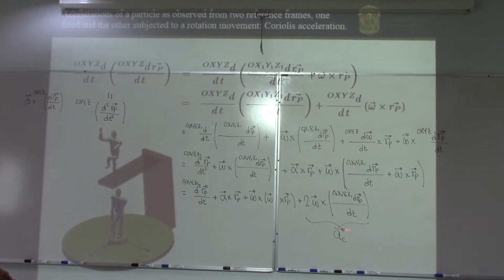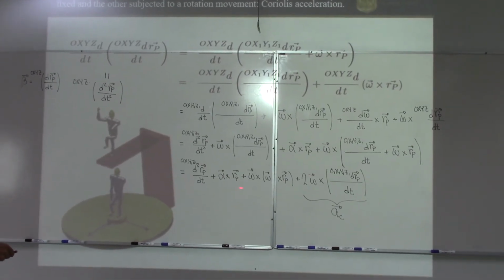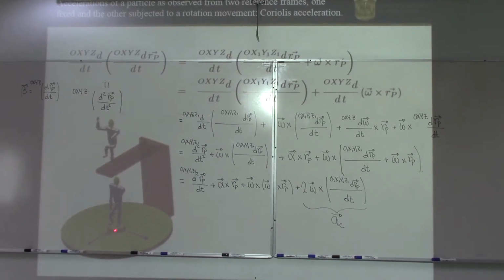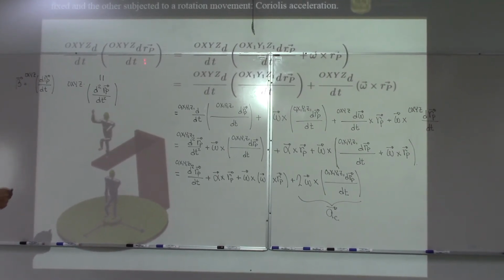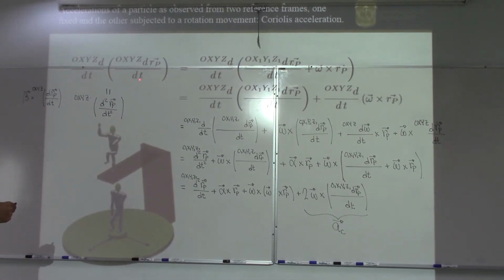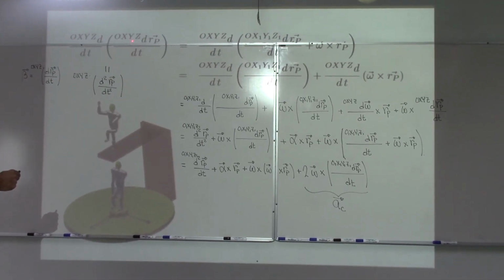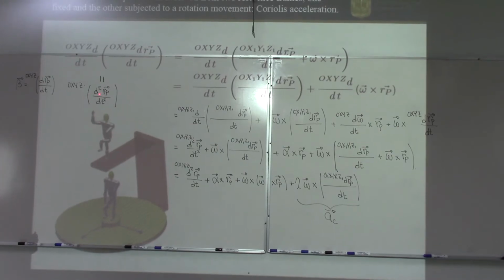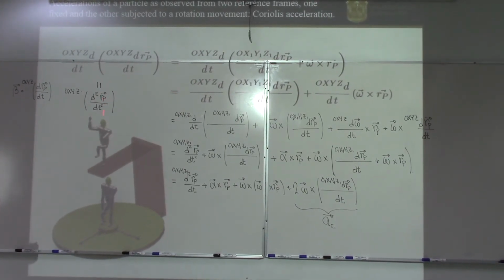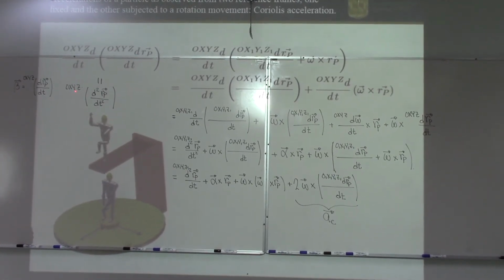We are going to relate the expressions that we just obtained with the accelerations related to the problem of the rat escaping from the carousel. First, I have written these expressions since the time derivative of the reference frame is the same. This is just the second time derivative of the position vector of point P, that we can imagine is the rat, with respect to the fixed reference frames.